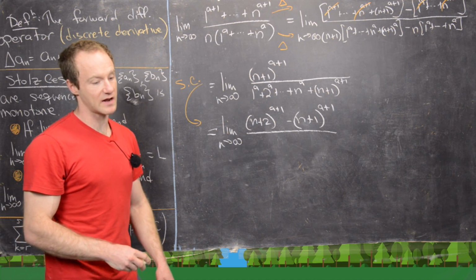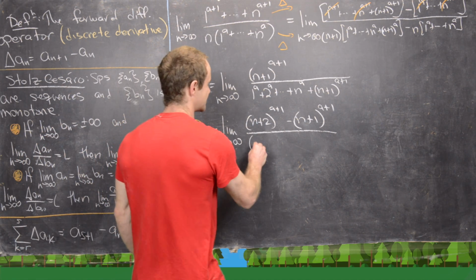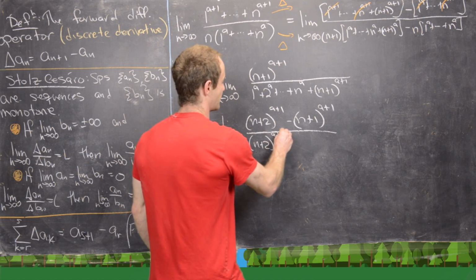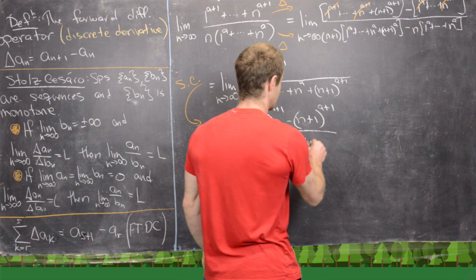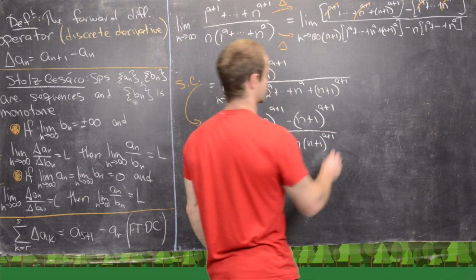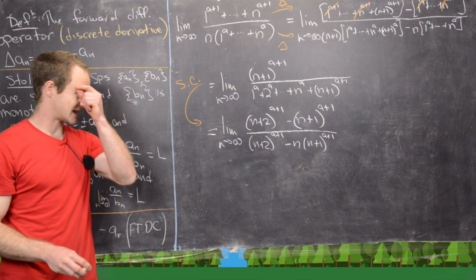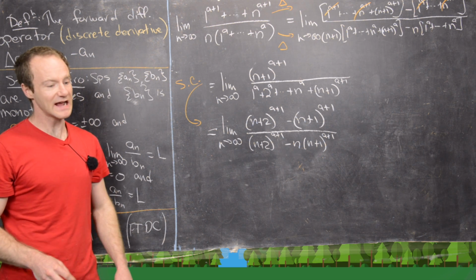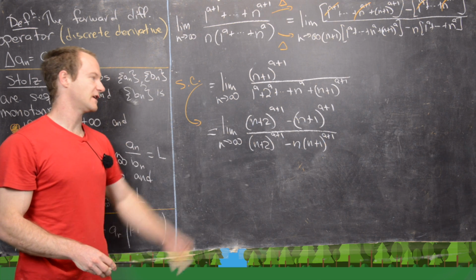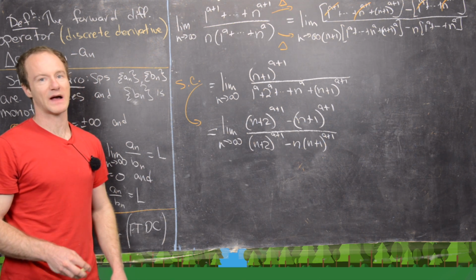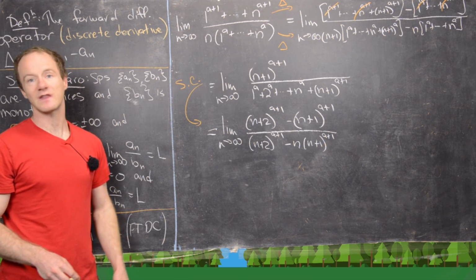And then in the denominator, you're going to get n plus 2 to the a plus 1 minus n times n plus 1 to the a plus 1. Okay, fantastic. Now the next thing that we want to do is expand everything in the numerator and the denominator as a binomial and keep the leading terms.